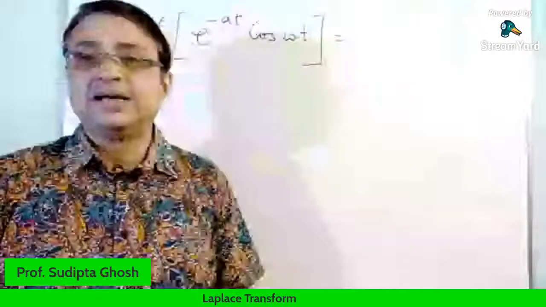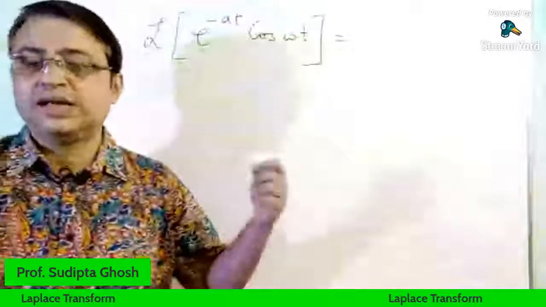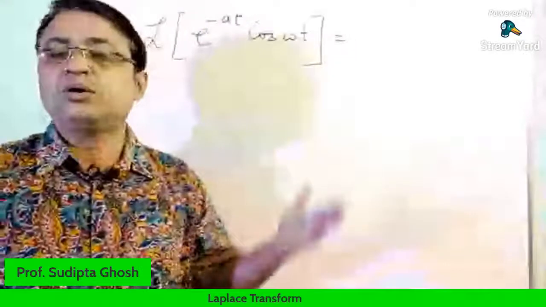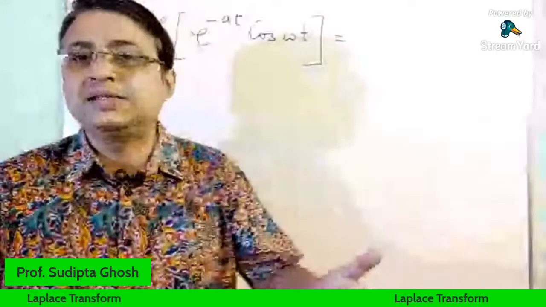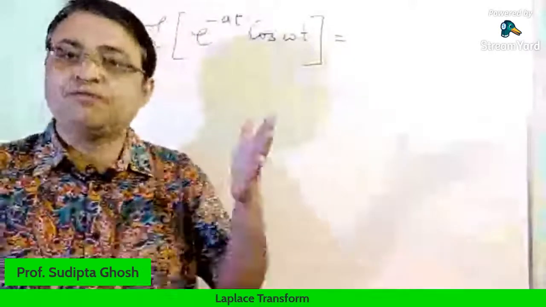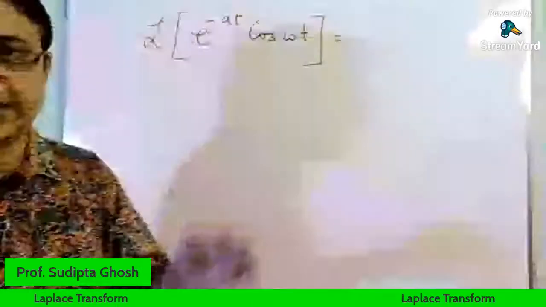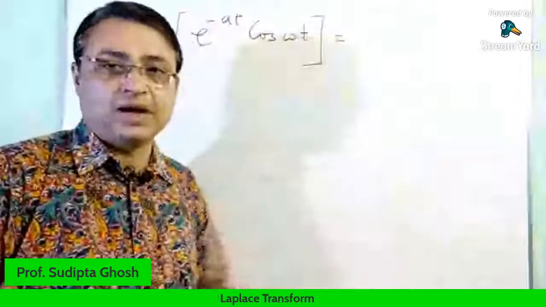It was s by s square plus omega square. Now following the previous example, you can write it as capital F of S plus A. You have to substitute S by S plus A. So what will be the value of this function?